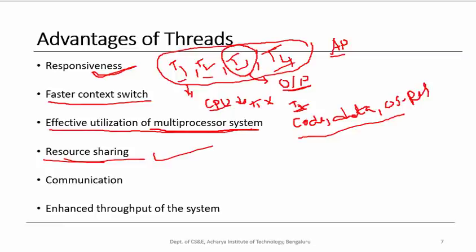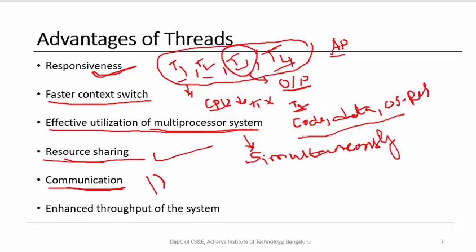Yes, these threads can be run simultaneously. In a multiprocessor system, if you have multiple threads, you can run them simultaneously. Communication between the threads is easy because they share the address space of the process. So communication becomes simple.